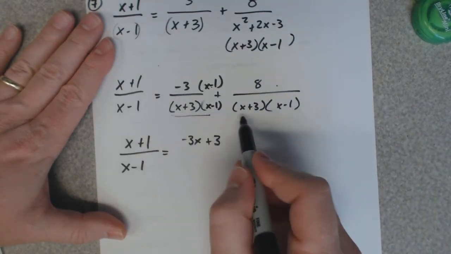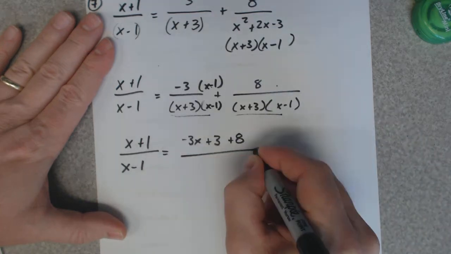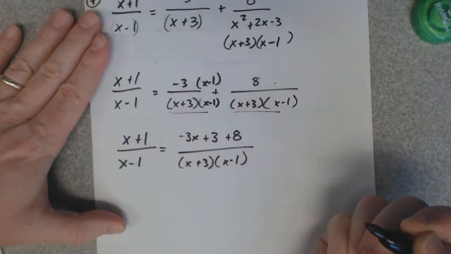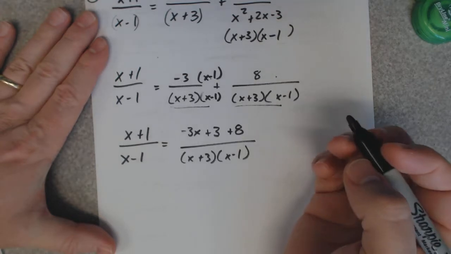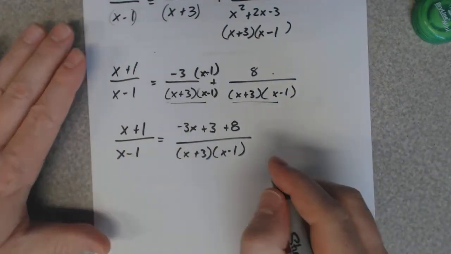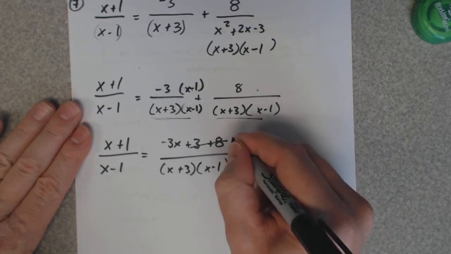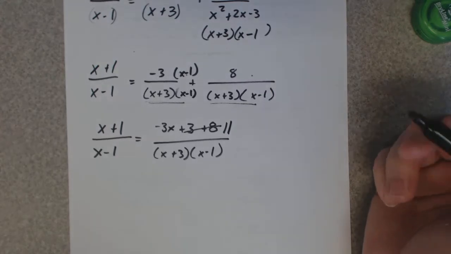And since I have the same denominator now, I'm just going to write +8 here. Alright, so now these two guys will go together and give you 8, 11. I'm not going to rewrite that, just put an 11 there, so +11.